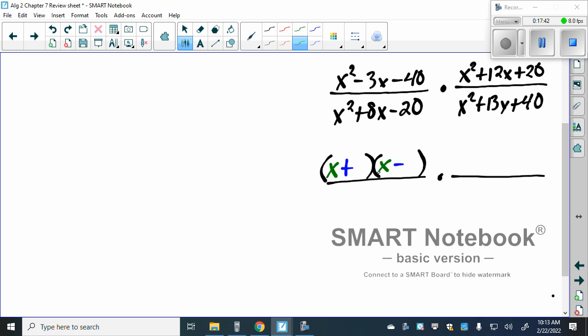And the factors of 40 are 1 and 40, 2 and 20, 3 doesn't work, 4 and 10, and then we have 8 and 5. Well, 8 and 5 is going to be the one that works. 5 is going to be positive. The 8 is going to be negative. Okay, we can drop straight down.